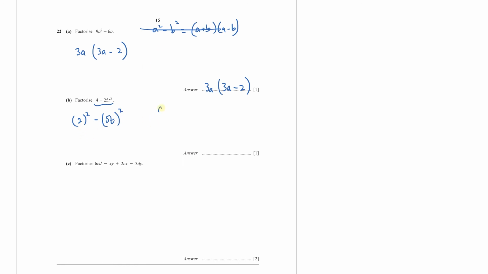Now you have a square minus b square equals to a plus b into a minus b. So you can write this as, this is your a, this is your b, so this will become 2 plus 5t multiplied by 2 minus 5t. So this will be your answer.